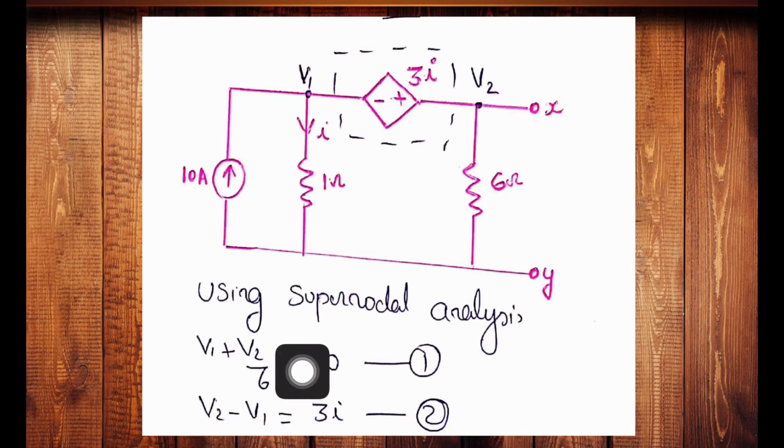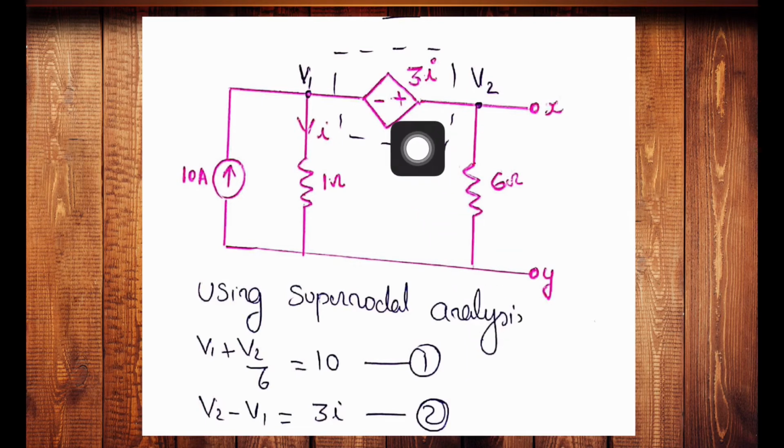Thus, at this super node, we have one incoming current 10 ampere and two unknown outgoing currents. By KCL, sum of currents entering a node is equal to sum of currents leaving that node. So we can write V1 plus V2 by 6 equal to 10, labeled as equation number 1. Got it?